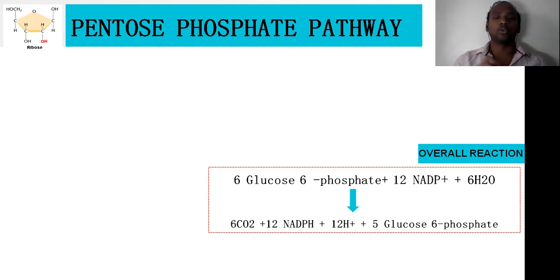That is 6 CO2 molecules plus 12 NADPH and 12 H+, and finally 5 glucose 6-phosphates are regenerated. It's clear? This is the overall reaction that we can represent in a simple manner.